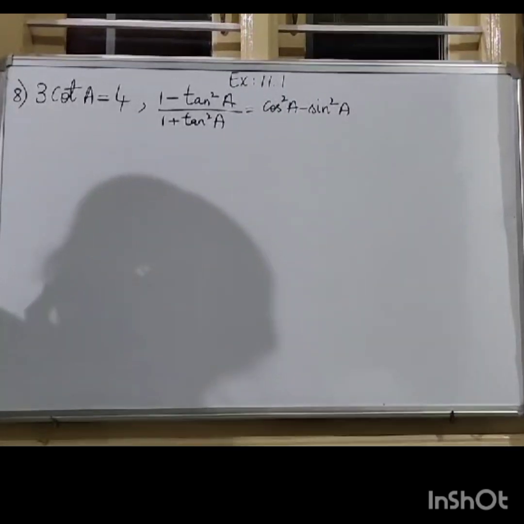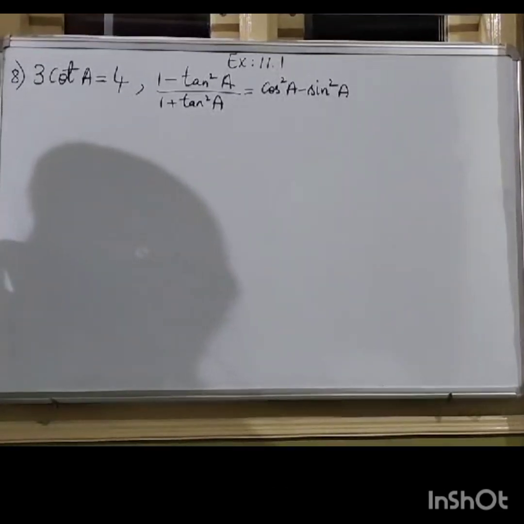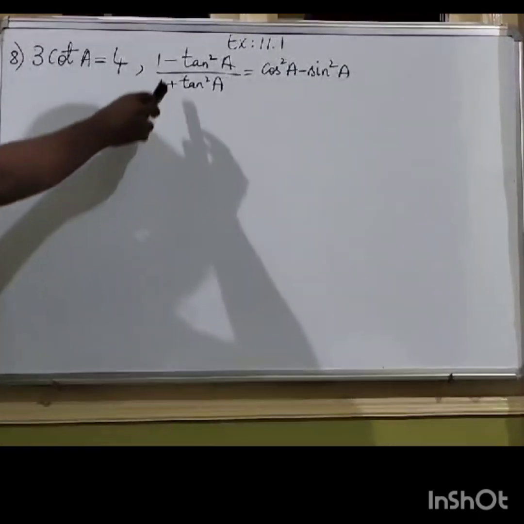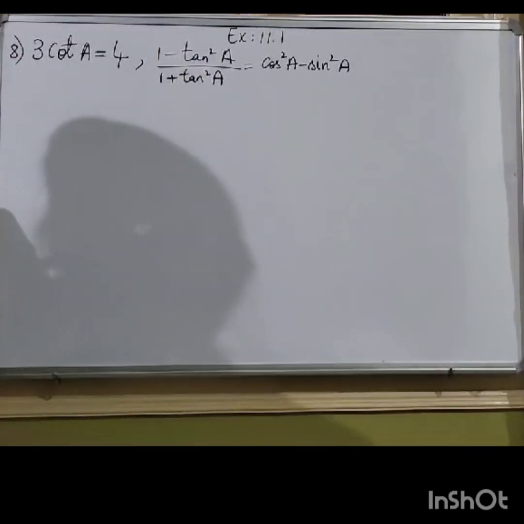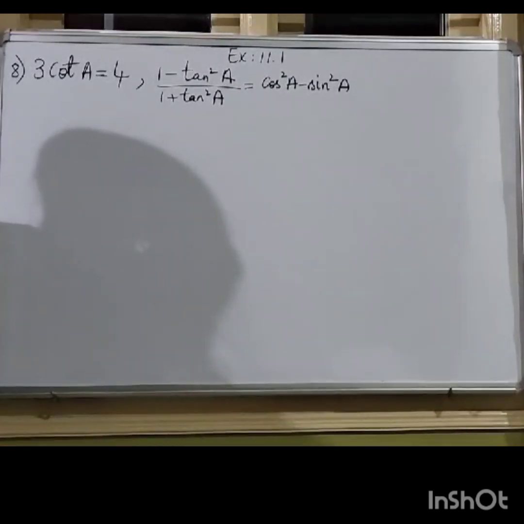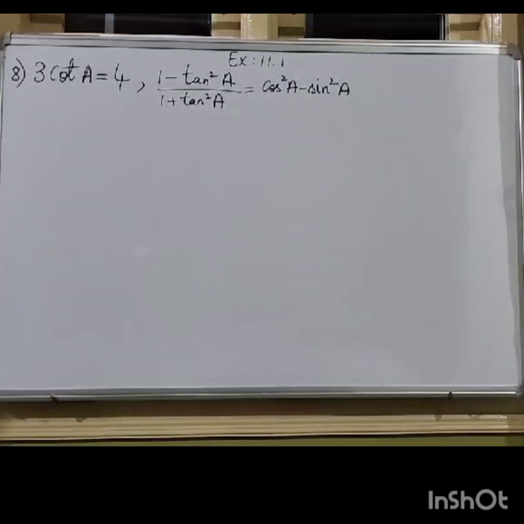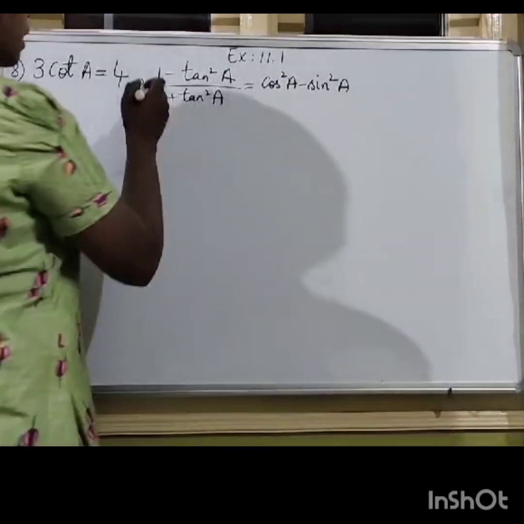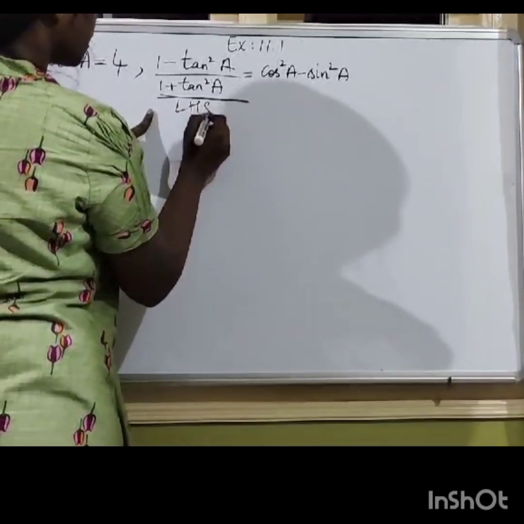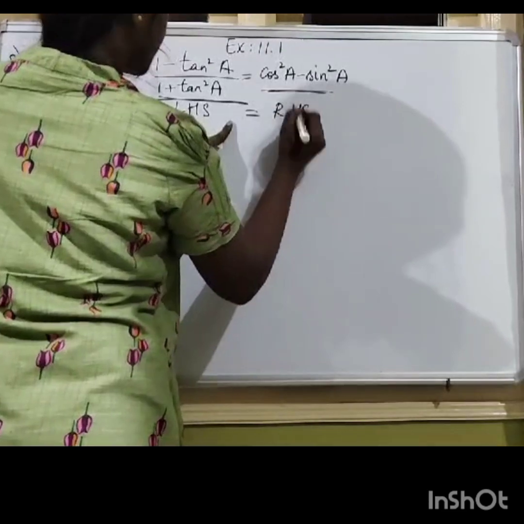So let us move on to 8th question. 8th question says that if 3 cot A is equal to 4, check whether 1 minus tan square A divided by 1 plus tan square A is equal to cos square A minus sin square A or not. So in this question we'll have to check whether this, which is on our LHS side, is equal to this, which is on our RHS side.